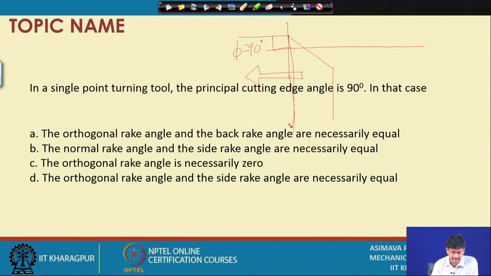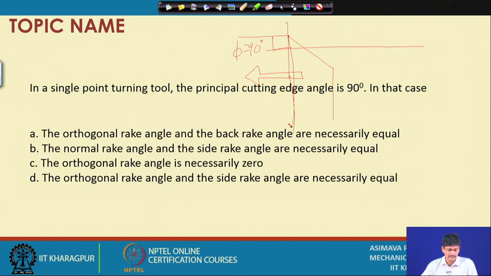The normal rake angle and the side rake angle are necessarily equal? For the normal rake angle we do not have any clue, because the inclination angle is not given. How much it is we do not know. So, we cannot say they are necessarily equal.